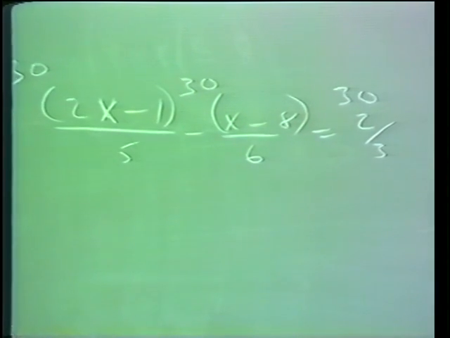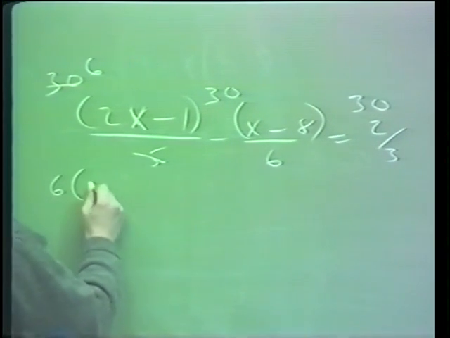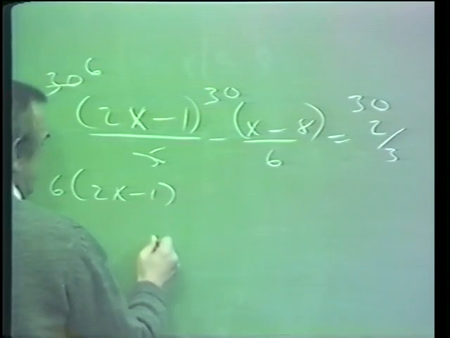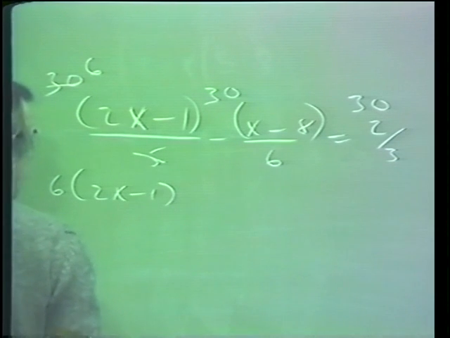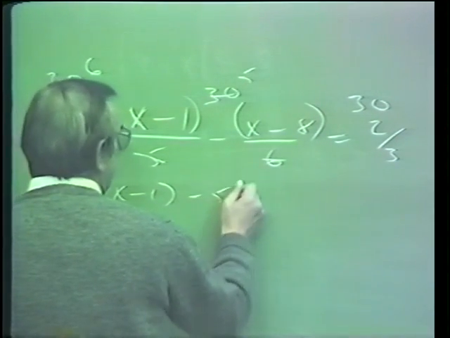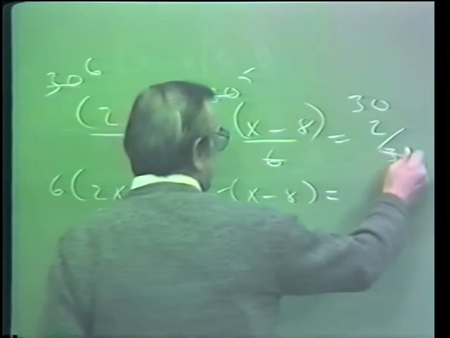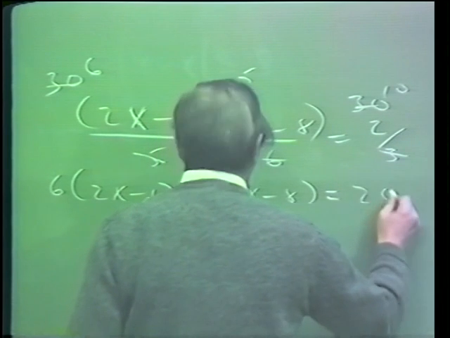If we multiply the first term, we have 5 into 30 is 6, times the quantity 2x minus 1. We multiply the second term by it, we get 6 into 30 is 5, so we get negative 5 times the quantity x minus 8, equal 3 into 30 is 10, times 2 is 20.